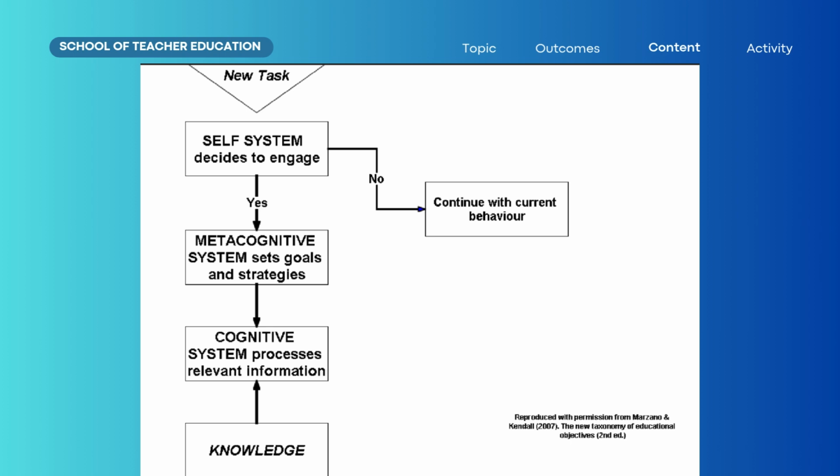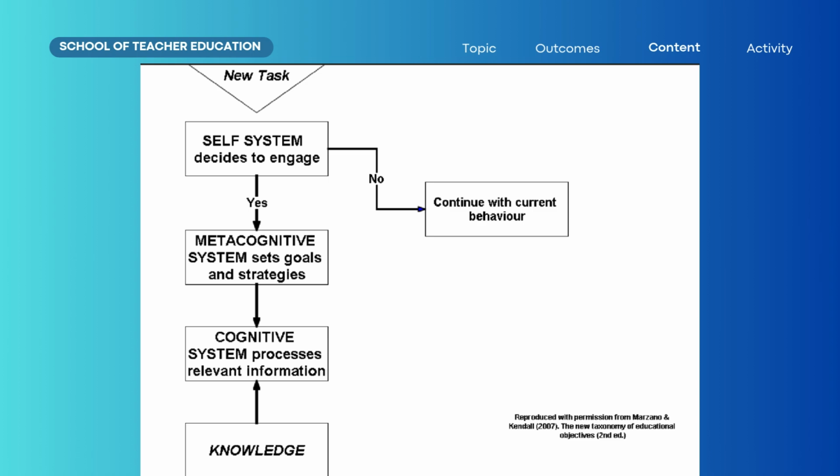This is another framework provided by Marzano and Kendall in 2007, in which the assessment of a new task, as you can see, the arrow goes down from the self system, whether the student decides to engage. If yes, that's a metacognitive system, and proceed with the cognitive system.